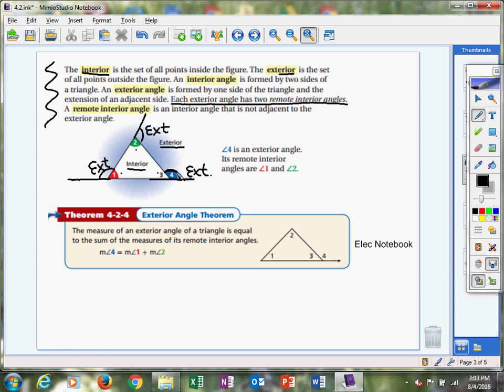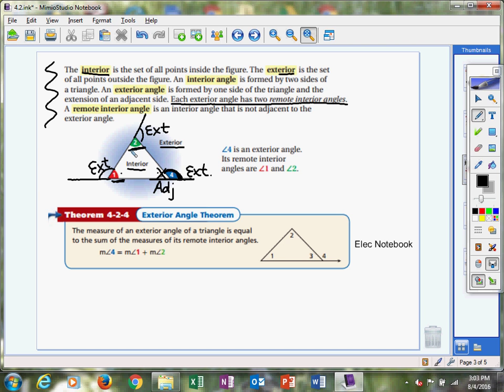So if we look at angle 4, which we know is an exterior angle, 3 is adjacent, okay? 3 is not a remote interior angle. 1 and 2 are the remote interior angles. And so I need you to understand the anatomy so you don't choose the adjacent angle as one of your remote interior angles.